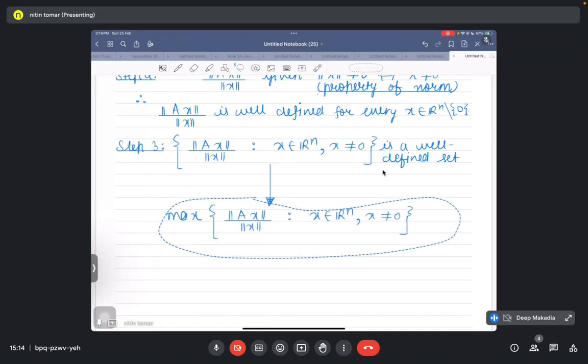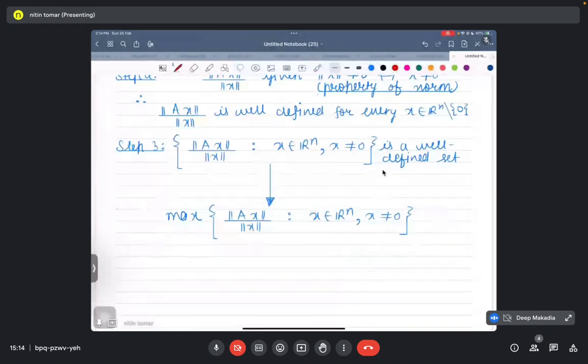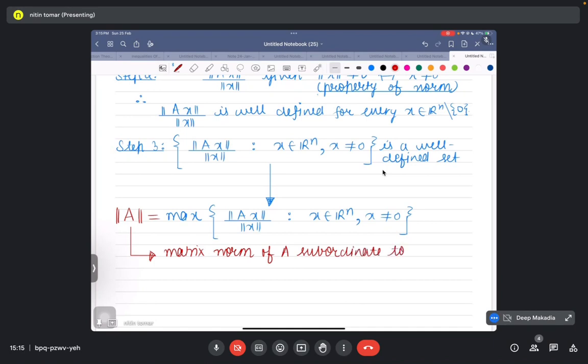This maximum that you have taken is precisely your matrix norm of A subordinate to the given vector norm. What is the given vector norm? On Rn, we have taken some arbitrary norm and fixed it, right?